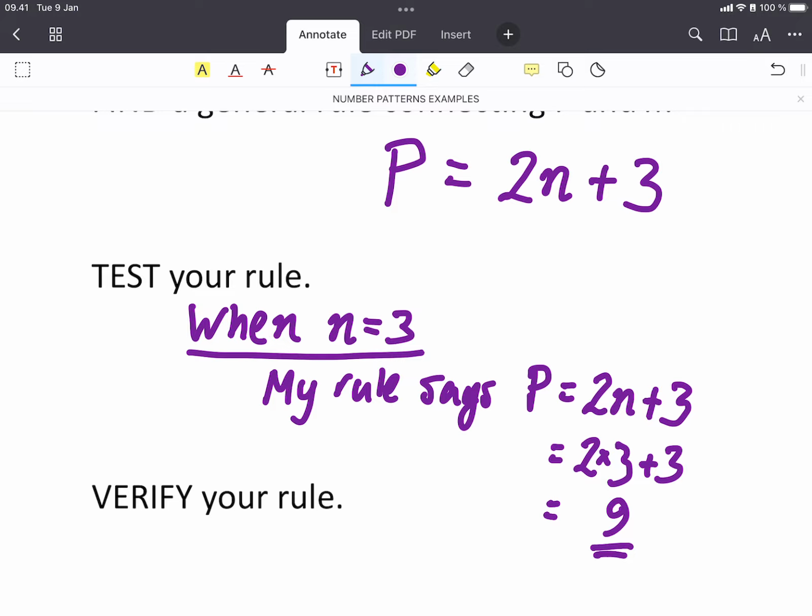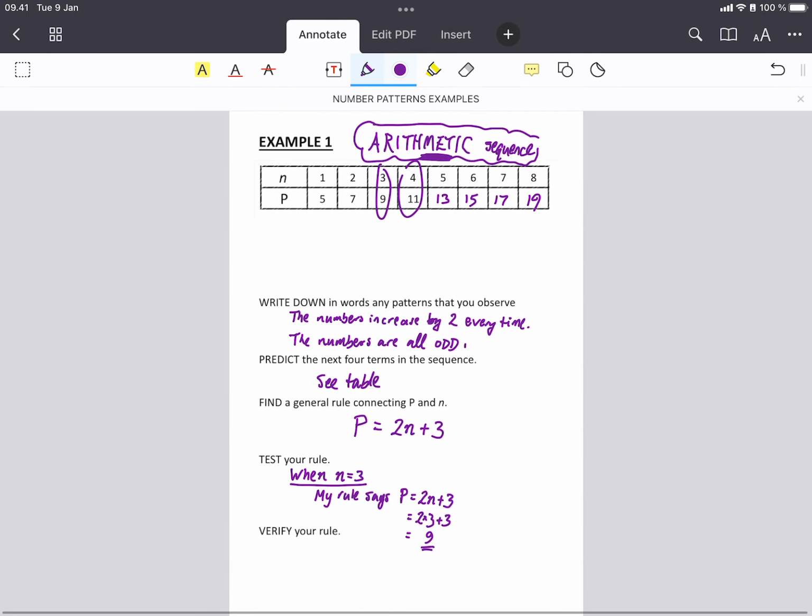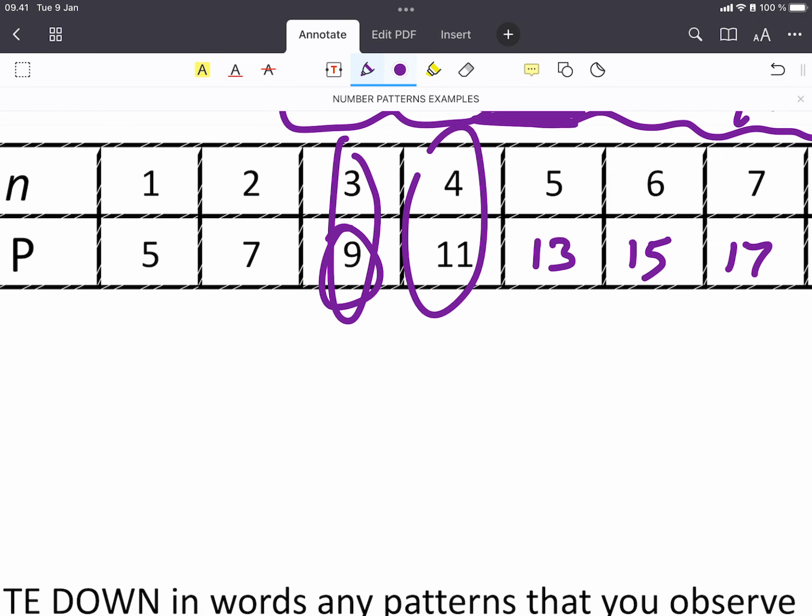So when n equals 3, according to my rule, P should be 9. And if we look at the table, P is 9 when n equals 3.